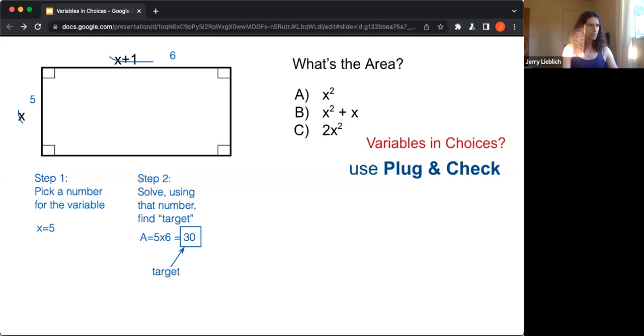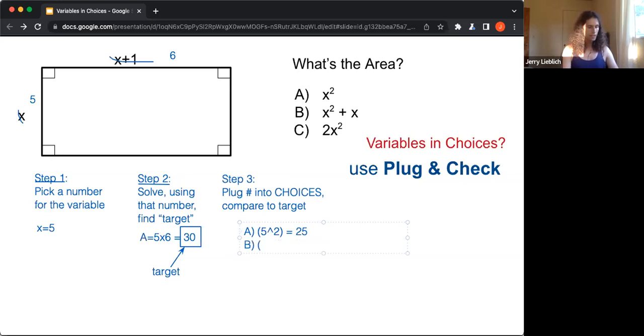Step 3 is where people sometimes get a little confused. So far, this is fairly straightforward. Step 3, we're going to plug that number into the choices and compare to the target. So, choice A, I get 5 squared, which is 25.